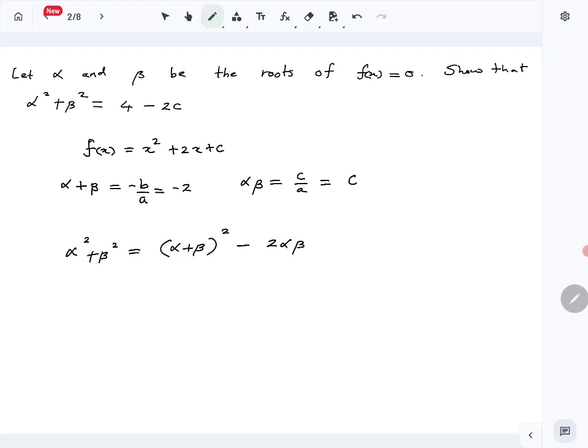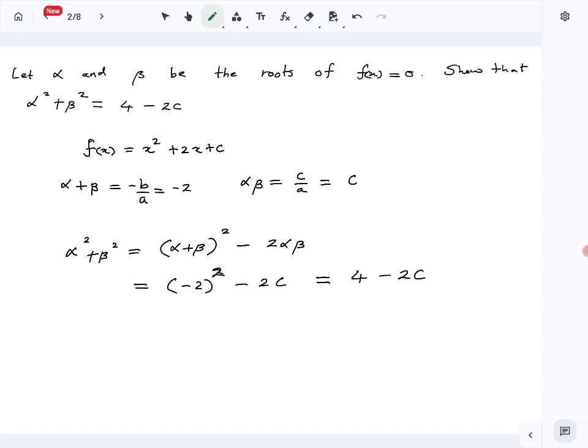That is minus 2. So (minus 2) squared minus 2 alpha beta, and alpha beta is c. So from that we get the result. Alpha squared plus beta squared is equal to 4 minus 2c, right?